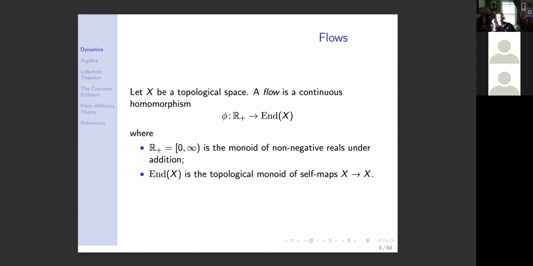Usually X is a manifold, but it could be anything. So that's what a flow is. It is a monoid homomorphism. Now, usually you don't see that as a definition. Usually the definition looks something like the next slide.